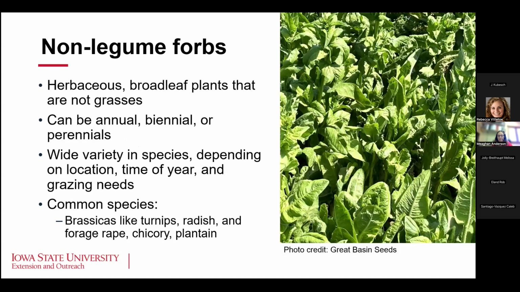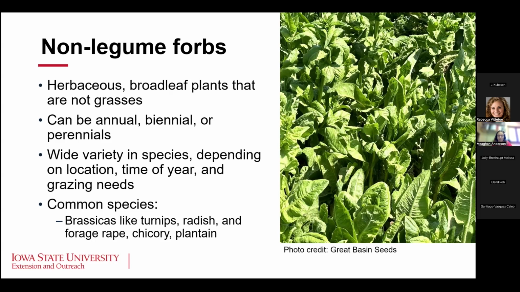And then my final kind of category is non-legume forbs. And so this would be sort of anything else that's not a legume that isn't forming those rhizobium relationships in the soil. These are going to be herbaceous broadleaf plants. They're not grasses, and they don't nodulate and form relationships in the soil.